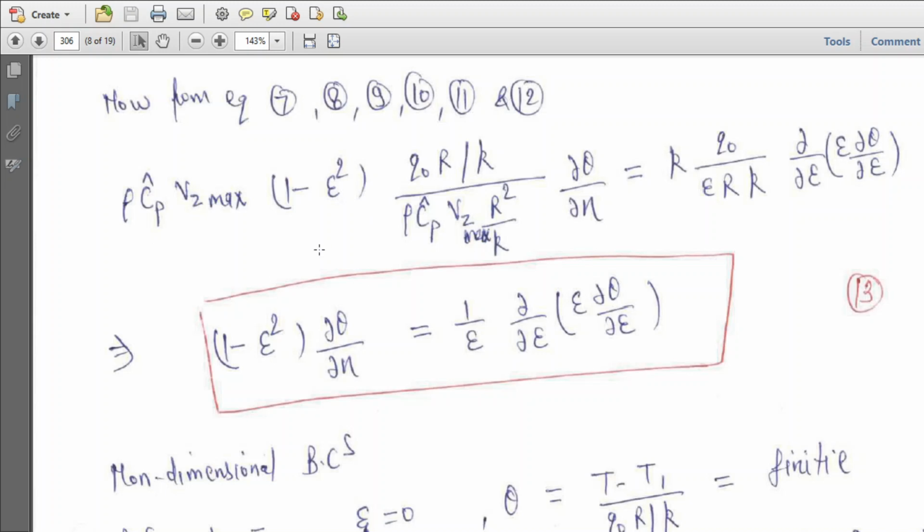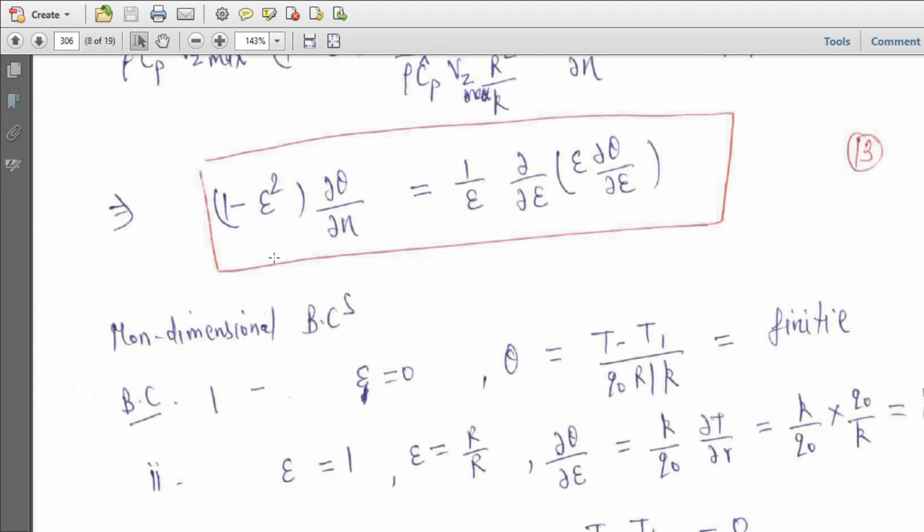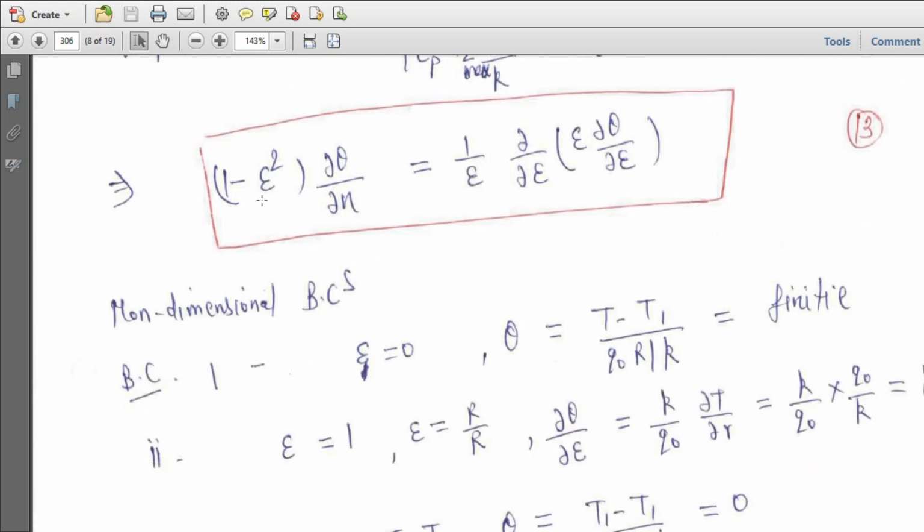By simplifying this, you end up with the equation (1 minus epsilon square) del theta upon del eta equal to 1 upon epsilon, del upon del epsilon of epsilon del theta upon del epsilon, which is equation number 13.